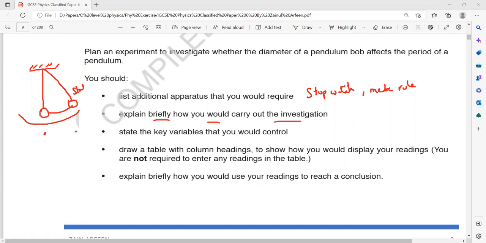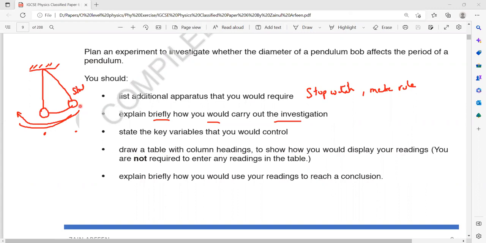And we record the time not for one oscillation. We mark the mean and extreme positions as fiducial points. Then we record the time for 20 oscillations or 10 oscillations. Why not for one? Because one won't be that accurate.